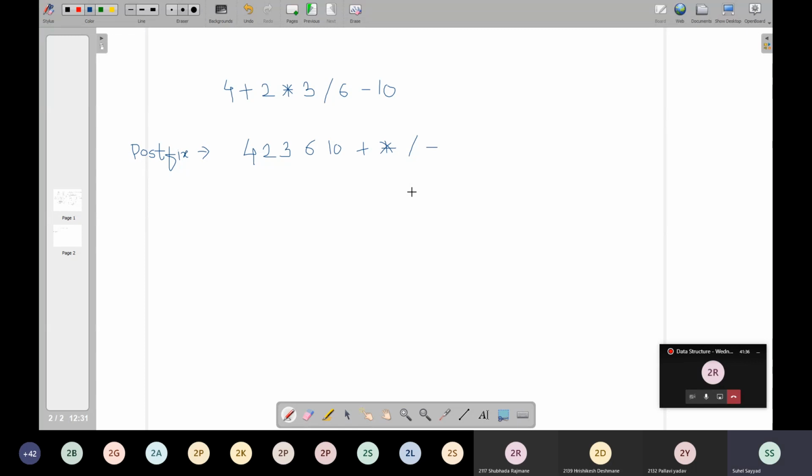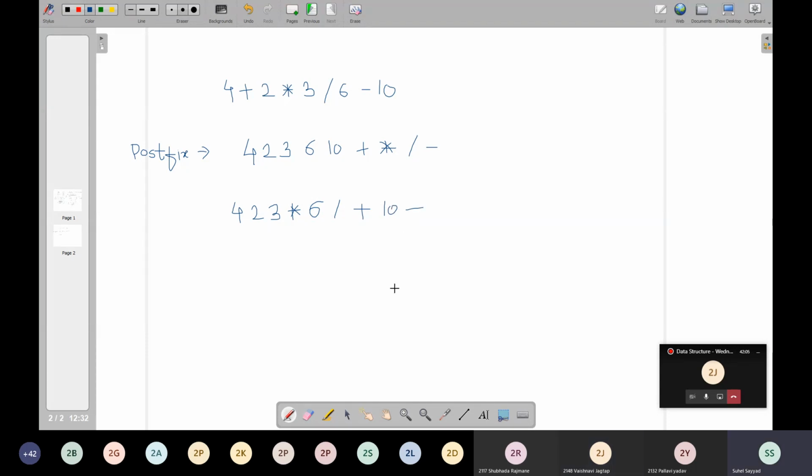Yes, sir. Tell me your answer of postfix expression. 4, 2, 3, multiplication, 6, division, plus, 10 minus.